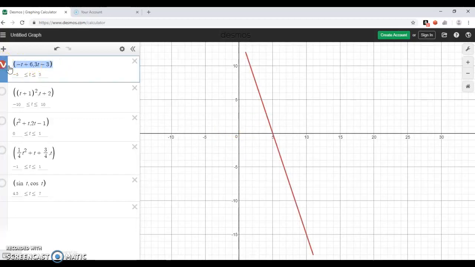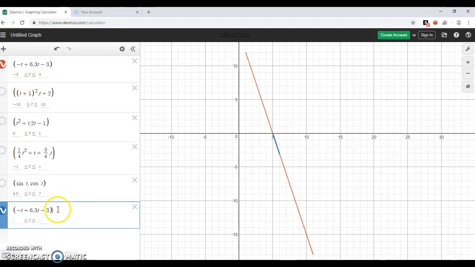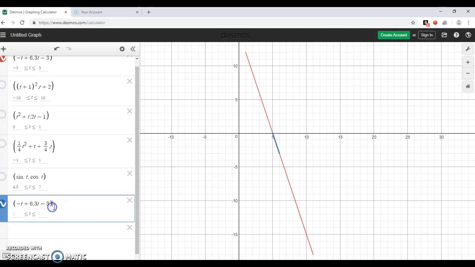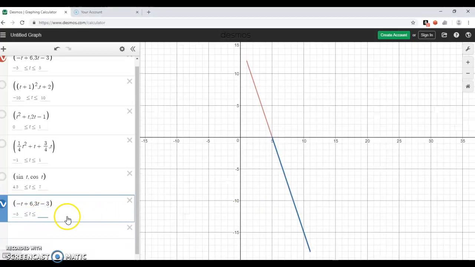Now, if I wanted to see my orientation, I could do this. So I'm looking for my orientation now. I could just slowly increase the t and see which way the curve is going.